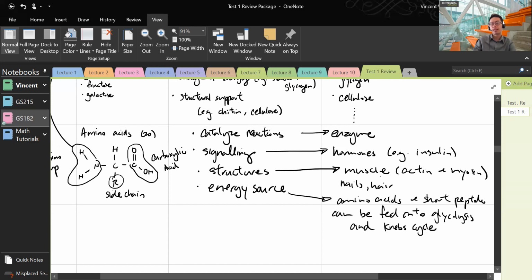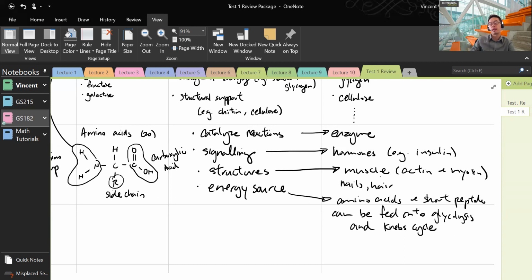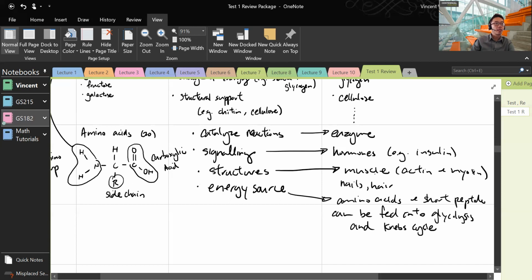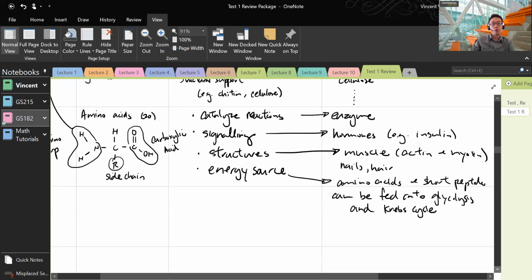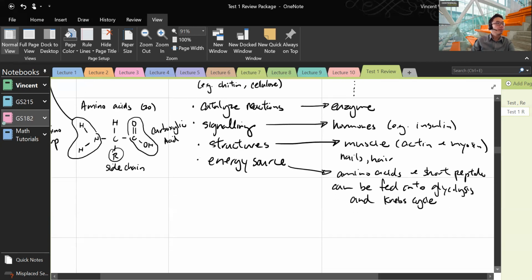Depending on which amino acid it is, you can convert it into the different intermediates within glycolysis or the Krebs cycle, and then you would metabolize them from that point. Georgia says skin. Yep, skin also has protein, the keratin. That is correct. Very good. Moving on.